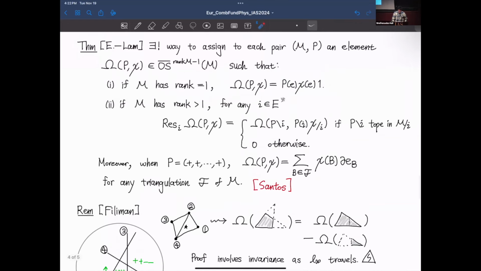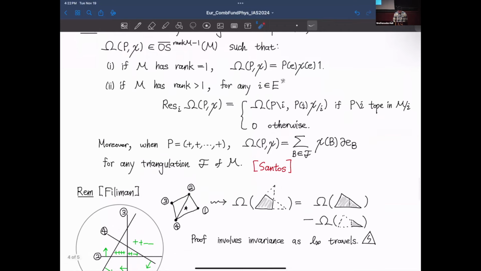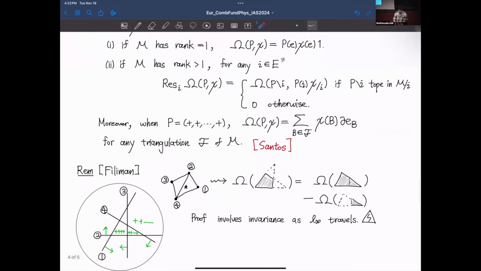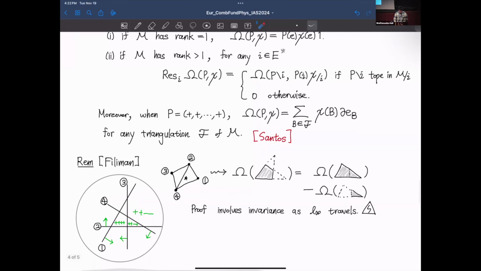Okay, so we now have a way of writing down, in some canonical way, for each tope of an oriented matroid, an element in the Euler orthogonal algebra. And it has all this recursive structure that mirrors the positive geometry.